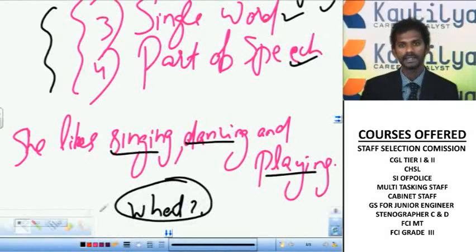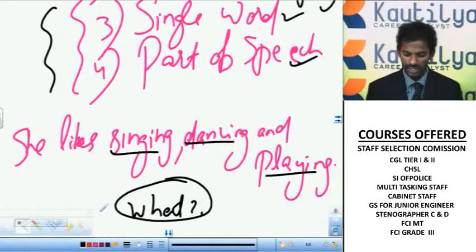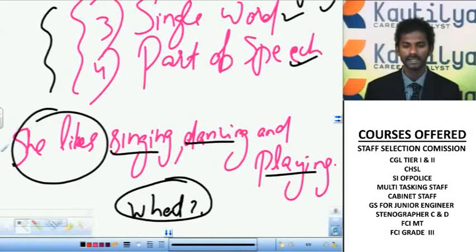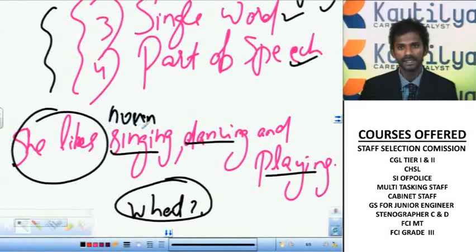If you're getting the answer to the question what, that becomes a noun in the sentence. She likes singing. What she likes, the answer becomes singing. So singing becomes a noun here. Clear? So here, in this sentence, the first idea is a noun.